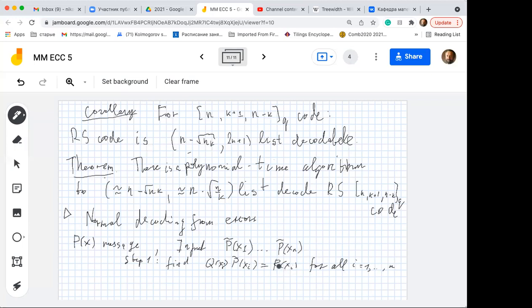And there were other restrictions on Q and R. First, Q is a non-zero polynomial.